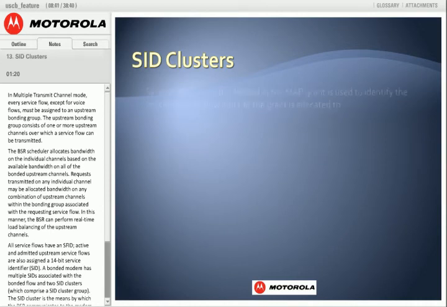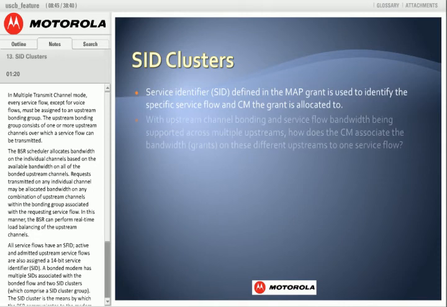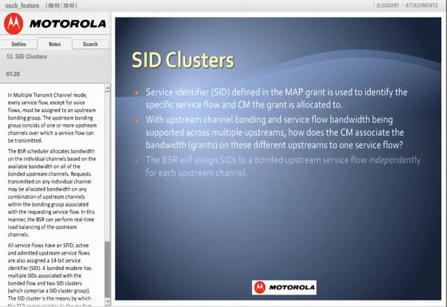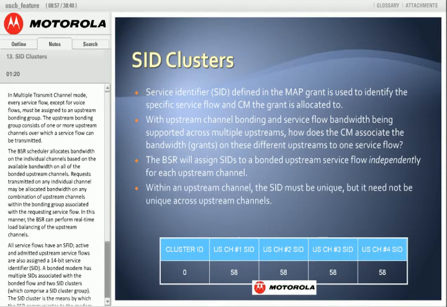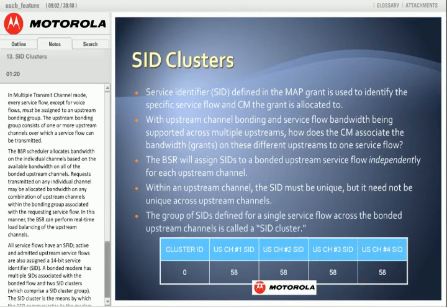SID clusters. In multiple transmit channel mode, every service flow, except for voice flows, must be assigned to an upstream bonding group. The upstream bonding group consists of one or more upstream channels over which a service flow can be transmitted. The BSR scheduler allocates bandwidth on the individual channels based on the available bandwidth on all of the upstream bonded channels.